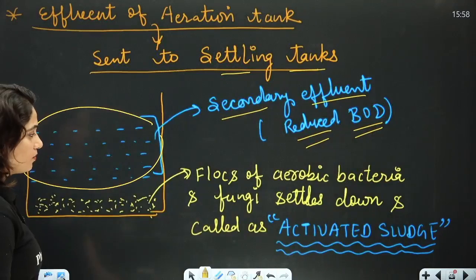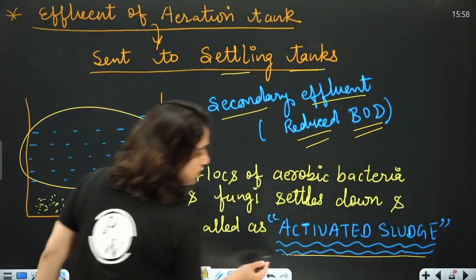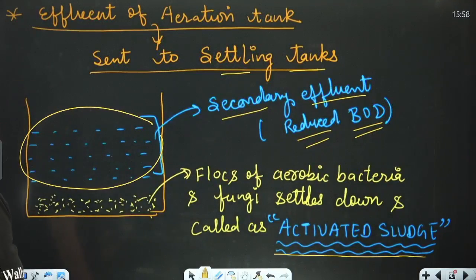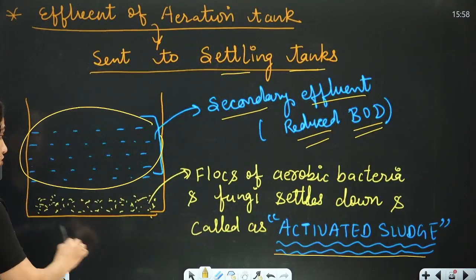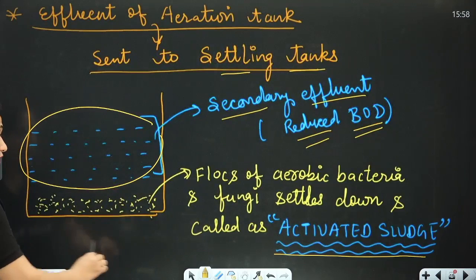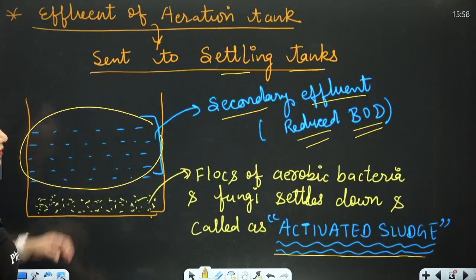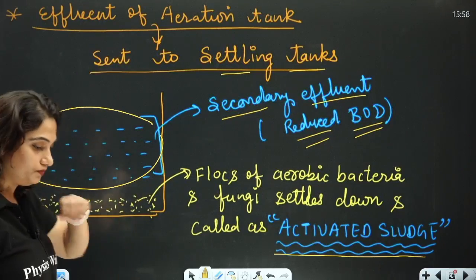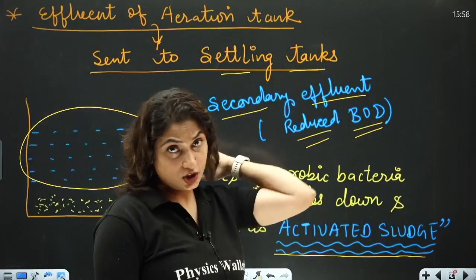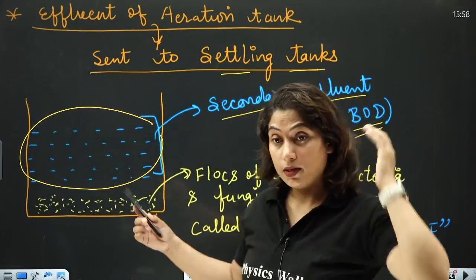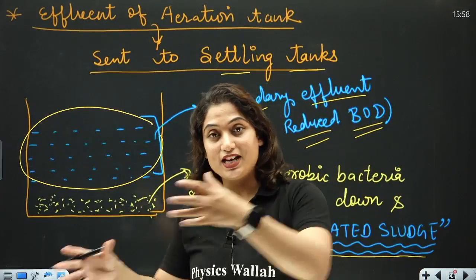So now comes what is activated sludge. This again forms a very important question. Activated sludge are the flocks, the masses of aerobic bacteria and fungal filaments which have settled down in the settling tanks. From the aeration tank, this is transferred to the settling tank.